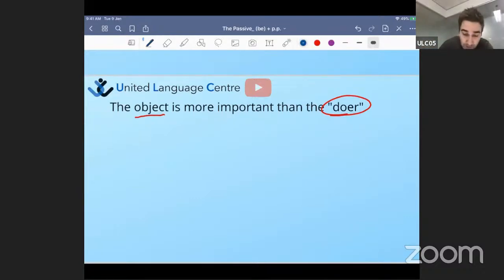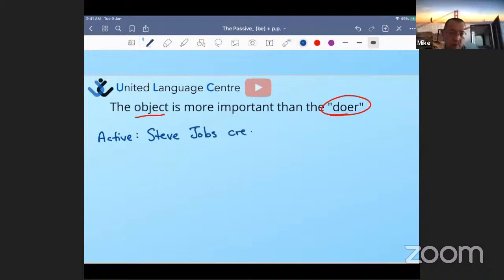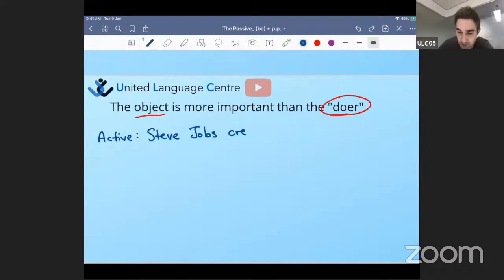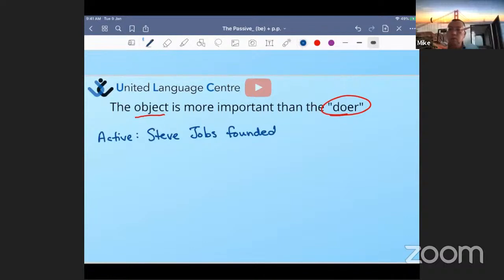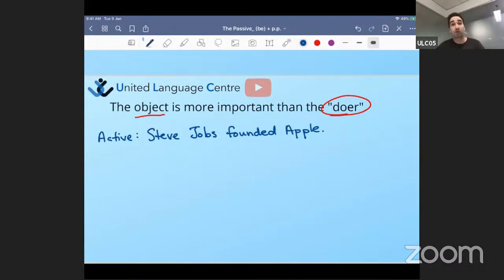If we look at an active sentence, and we say Steve Jobs founded Apple, right?